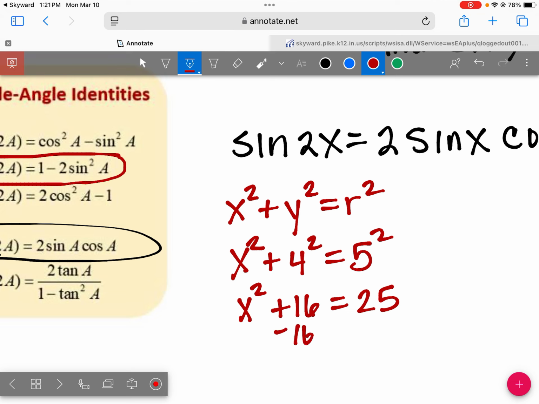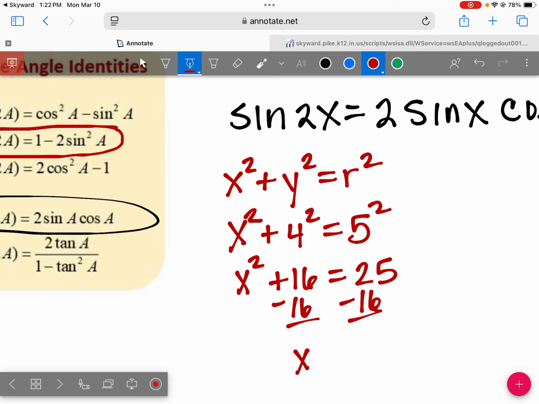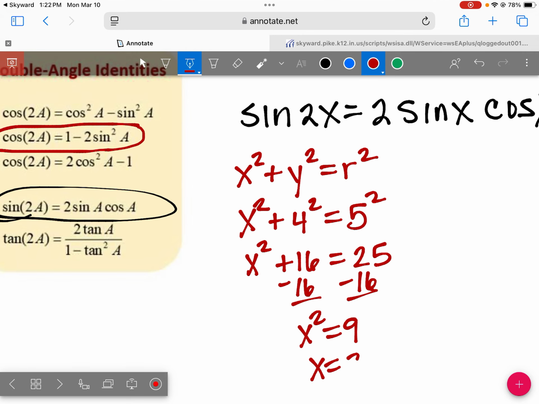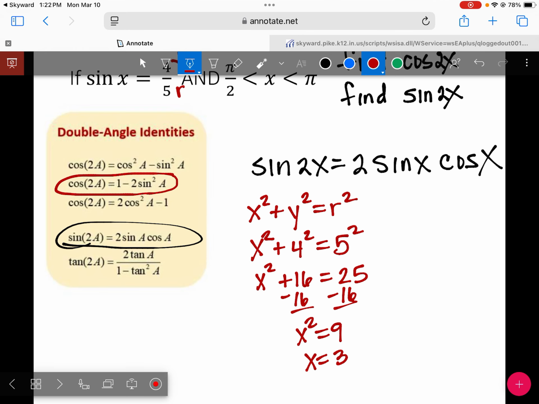Subtract 16. So we got x squared equals 9 and x equals 3. So now I can figure out that my cosine is 3/5, but we're not finished.